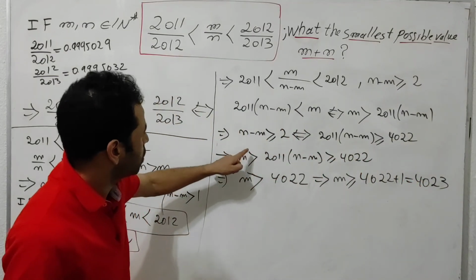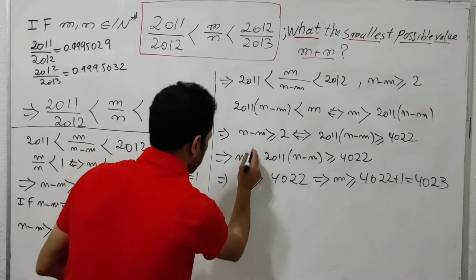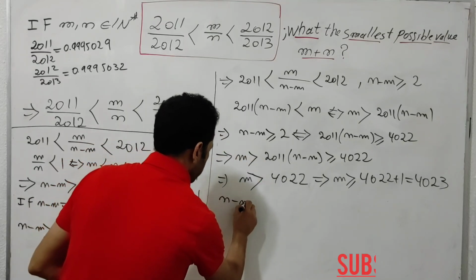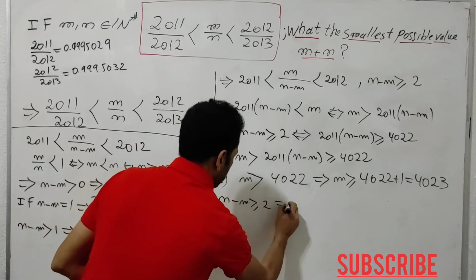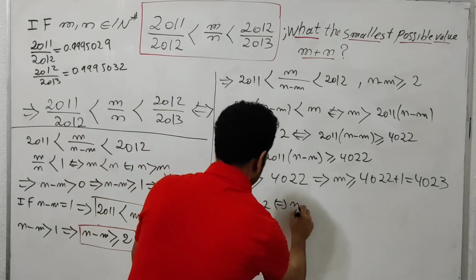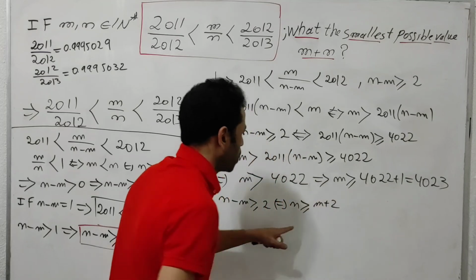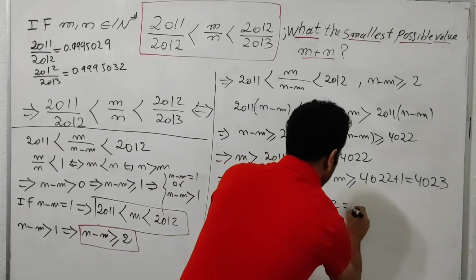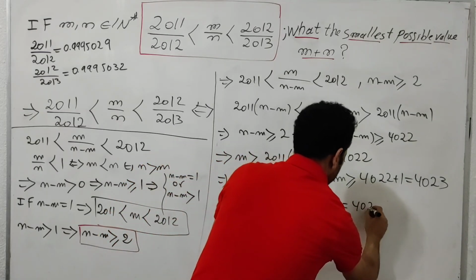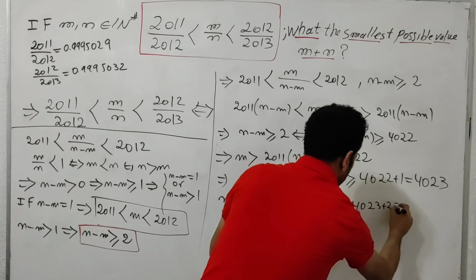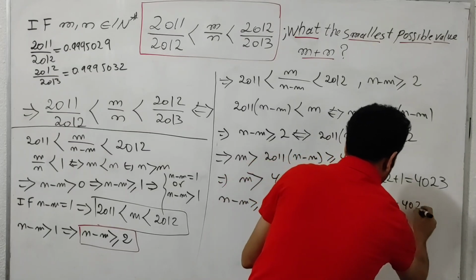I'm going to find n. We have this condition as well, n minus m superior or equal to 2, which is equivalent to n superior or equal to m plus 2. So we already found m, which is 4023 plus 2, which is 4025.